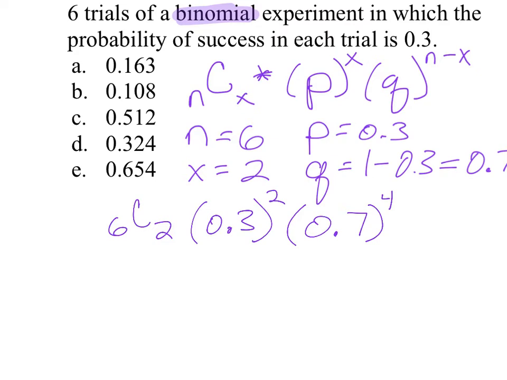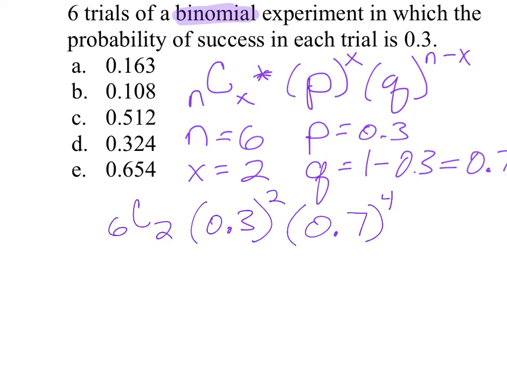All right, 6, math, arrow over to probability, number 3. That gives me 6C, and then I put in a 2, right arrow out of the subscript, parenthesis, 0.3, close parenthesis, squared. Step out of the exponent, parenthesis, 0.7, close parenthesis, to the 4.